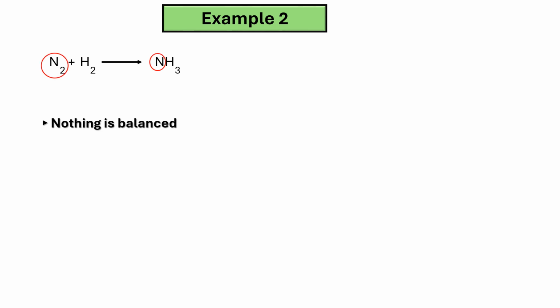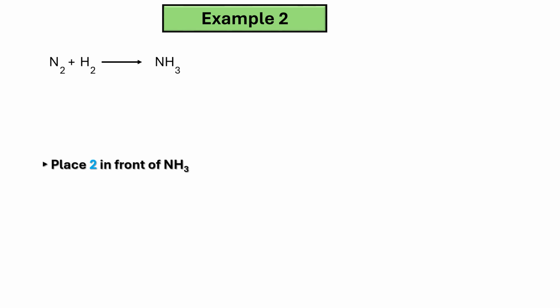Because we have 2 nitrogen on the left side and only 1 nitrogen on the right, 2 hydrogen on the left and 3 hydrogen on the right. So we need to place a 2 in front of the ammonia in order to balance it out. That's what we do.